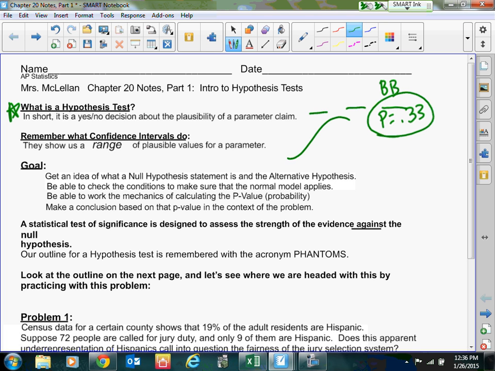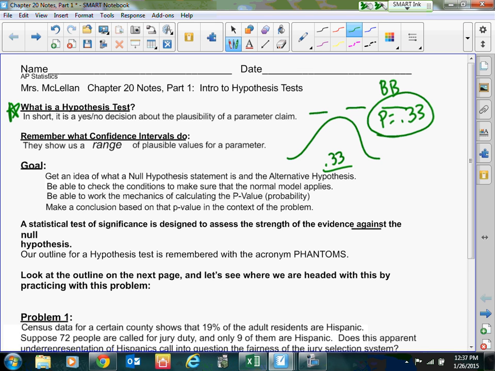If this is a claim, and we get it to behave normally because we take samples and follow the conditions and so on, how could I dispute this claim? How would I come up with evidence to reject that and say 33% of people do not go to the burrito bar? Good.